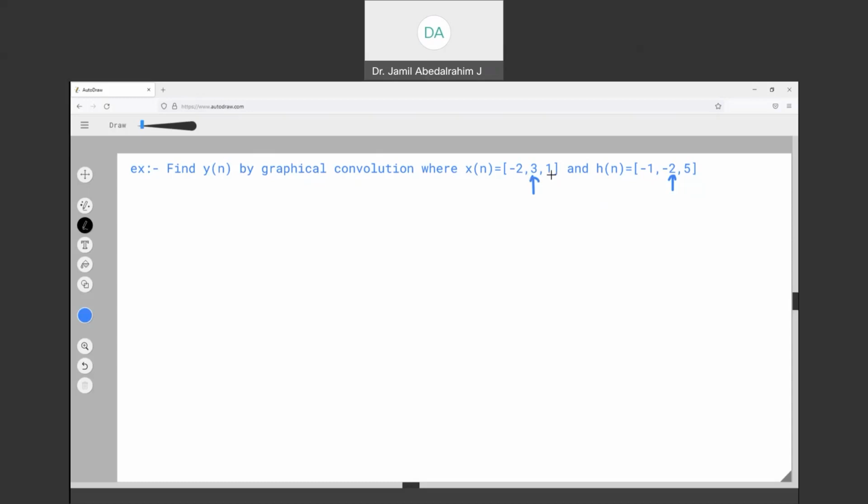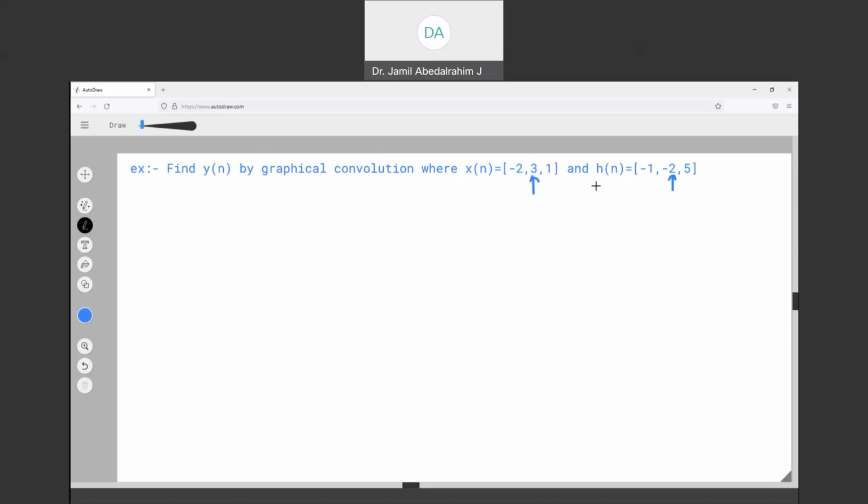So definitely we will need h of n to multiply them to find the output, y of n. Okay, as you see in h of n, we also have three signals. By the way, student, it's not necessary that the number of signals be equal in x of n and h of n. Maybe x of n has more or fewer signals compared with h of n.